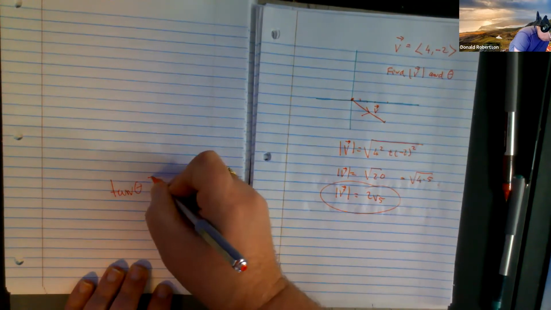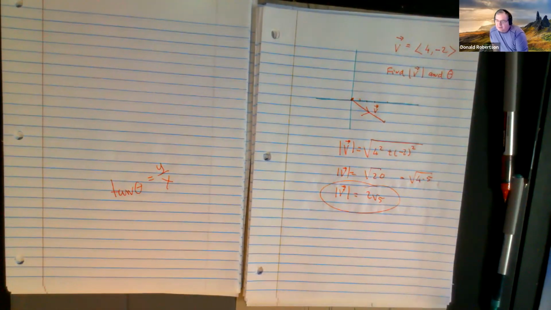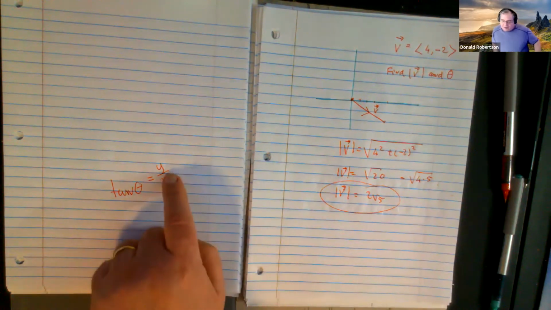Now, there is a formula for finding the missing angle. Can you remember this formula from Polar and from other places? Remember that guy? Well, I want you to think of that as the x component and the y component.